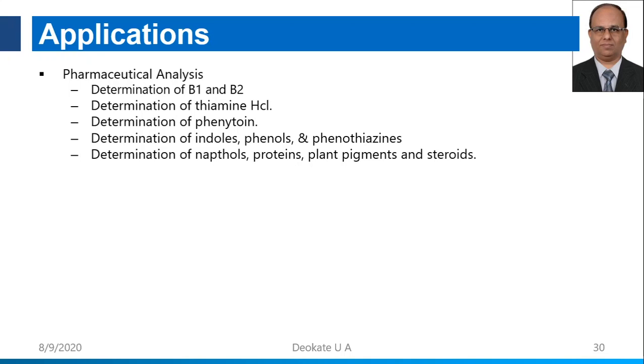So it is used for the determination of B1 and B2. B1, that is thiamine hydrochloride, B2 that is riboflavin, B6 and B12 that is cyanocobalamin. Determination of thiamine hydrochloride, determination of phenytoin, determination of indoles, phenols and phenothiazines, determination of naphthols, proteins, plant pigments and steroids.